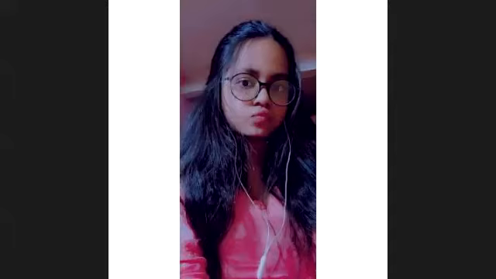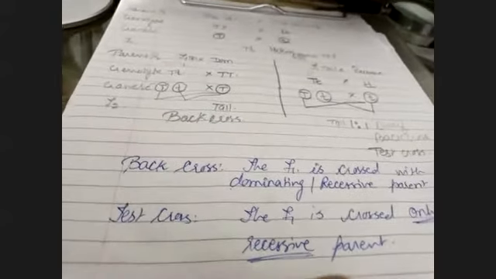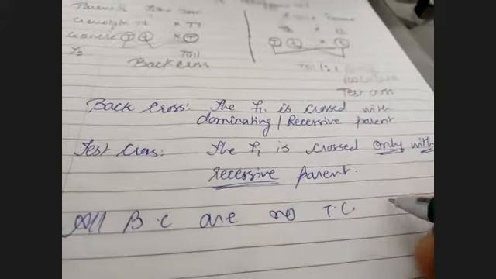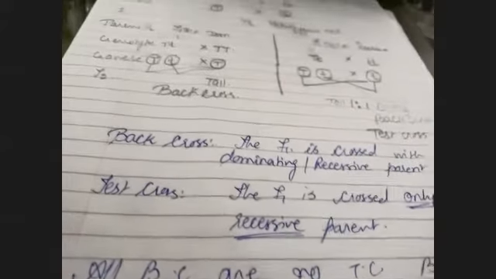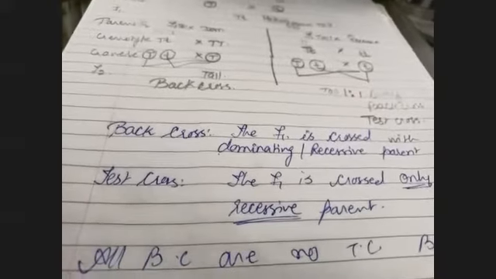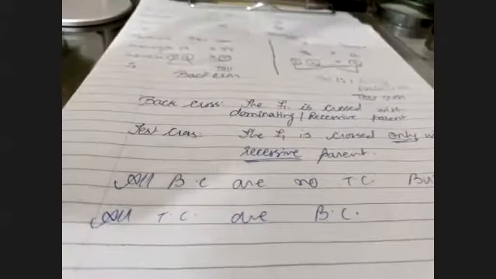Now a statement comes. All back crosses are not test crosses, but all test crosses are back crosses. Is the statement valid?